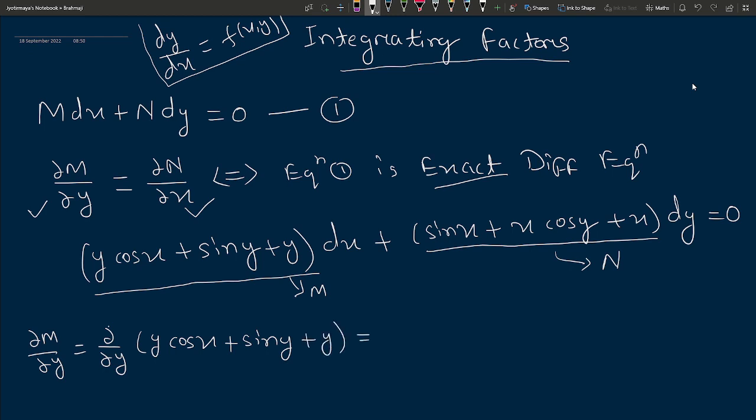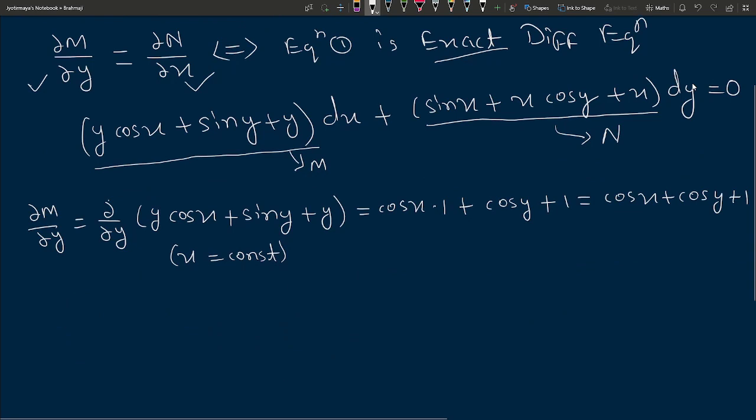Partial derivative with respect to y means here x is a constant, so cos x is a constant, times derivative of y, which is 1, plus derivative of sin y, which is cos y, plus derivative of y, which is 1. So this is equal to cos x plus cos y plus 1.